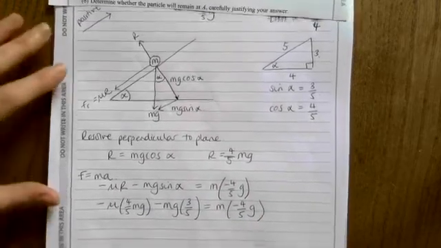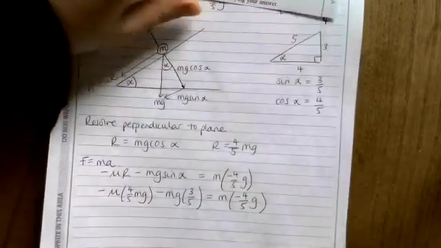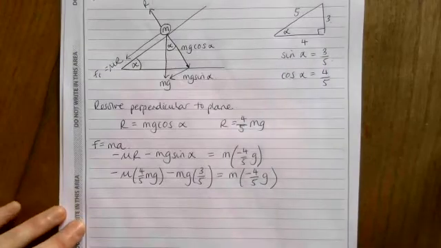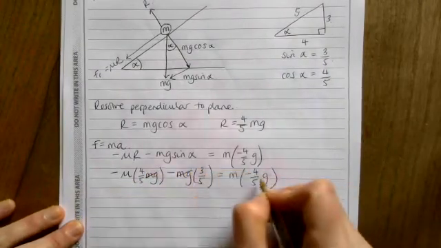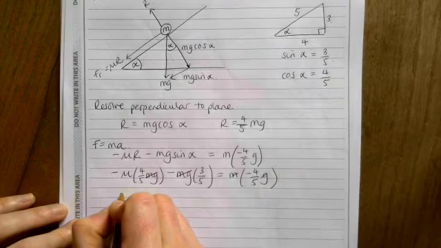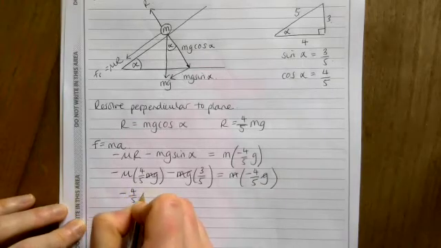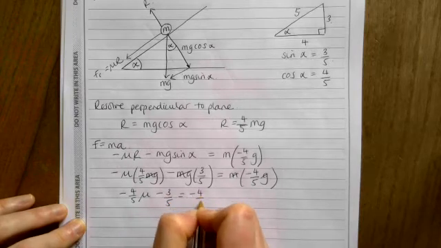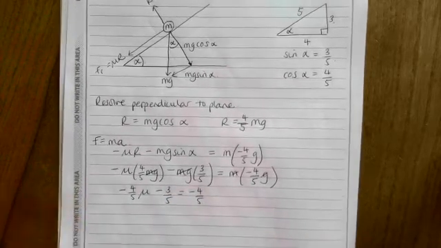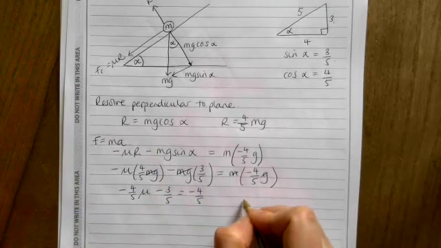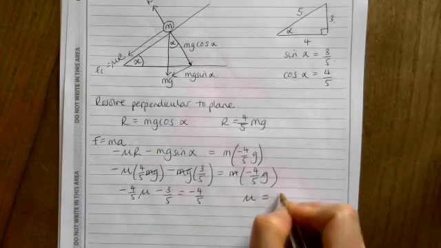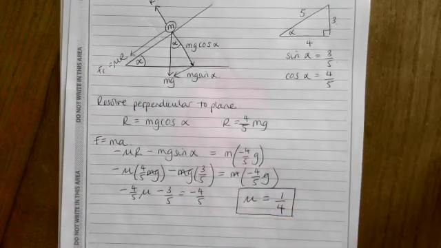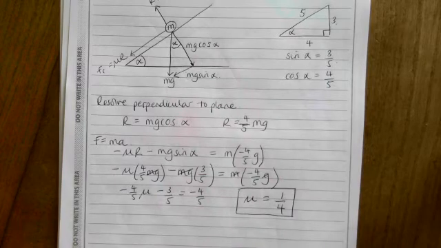We've got mg in each of our terms there, so if we divide through by mg, they cancel out nicely. I'm left with negative 4/5 mu, take away 3/5, equals negative 4/5. So my only unknown is mu. If I rearrange it, I get mu equals 1/4. So the answer to part A is that mu is equal to 1/4.